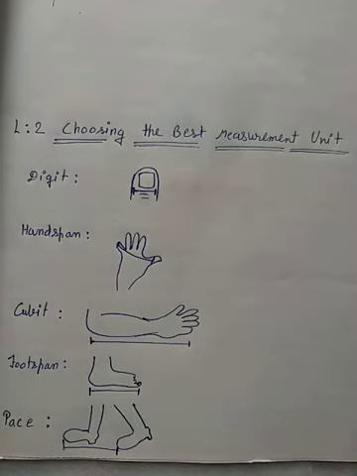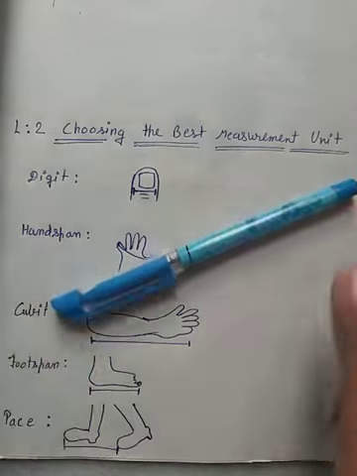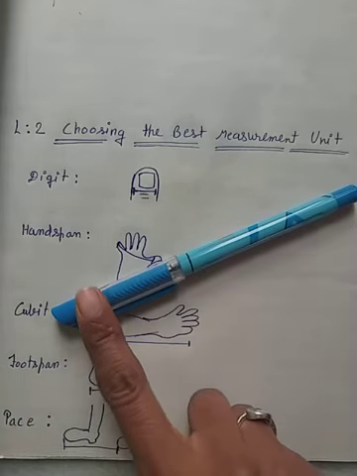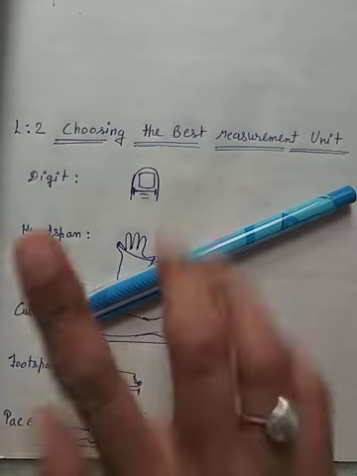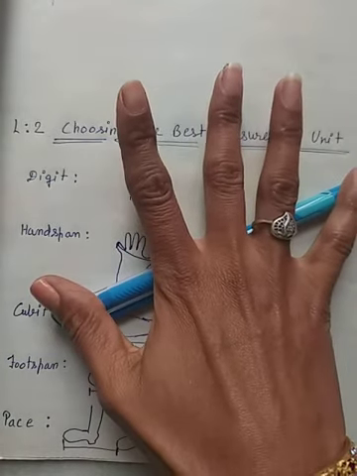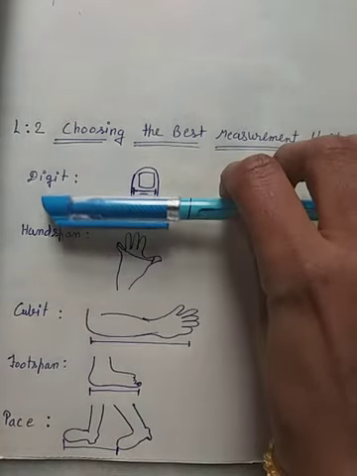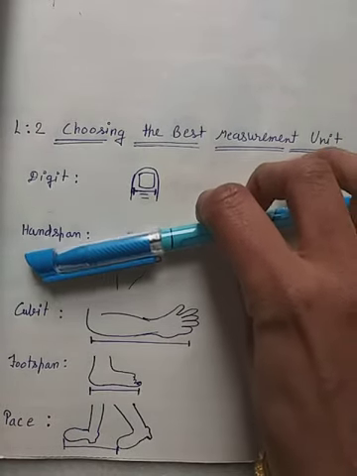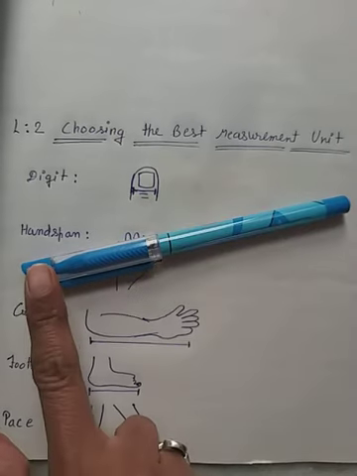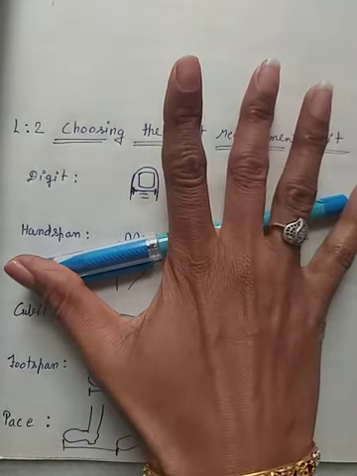But can we measure the length of a pen with digit? Yes, we can measure with digit also, and we can use hand span also. So which one is better to measure the length of a pen? Yes, hand span, not digit, because this one is easy.